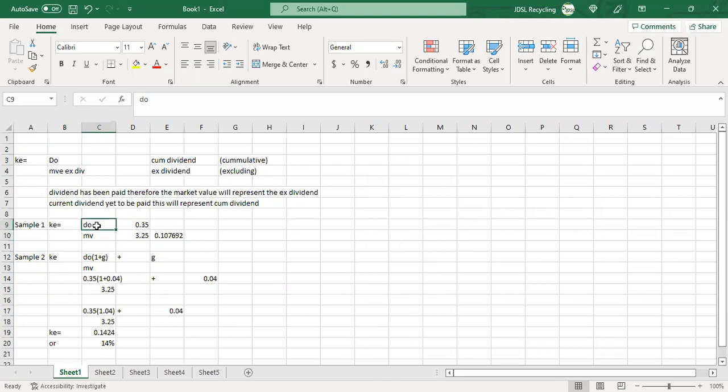If I want to use it directly here, I can just say D0 directly divided by the market value, like this. But this may not give the full picture of how we do it if you are not directly inside the class, splitting it by 0.35 divided by. Somebody not here with us may not know that this is a division.